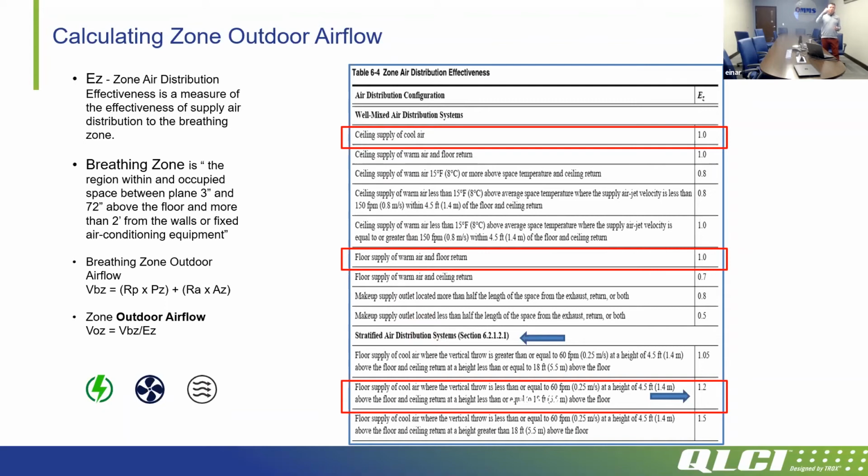It's a measure of the contaminant level at the breathing zone compared to the contaminant level at the exhaust and the supply. So the best a mixed air system can do is 1, meaning contaminant level here at my breathing zone is the same as it is at the exhaust, versus a stratified system, which is going to be greater than unity, which means that the contaminant level where I'm standing is going to be fresher than it is at the exhaust.